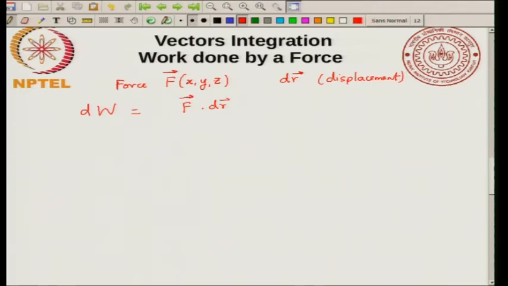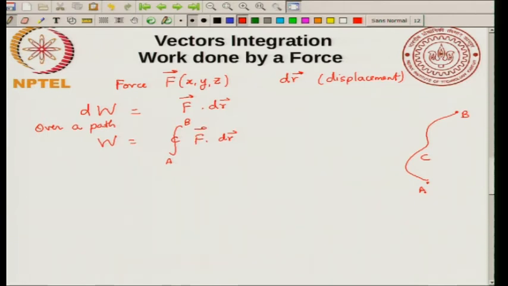And if you do it over a path, so if you displace the particle some distance over some path, let us say you go from point A to point B, then the work done over some contour, we will call this contour C, is equal to the integral over the contour C from A to B of F dot dr. So, it is just a line integral.